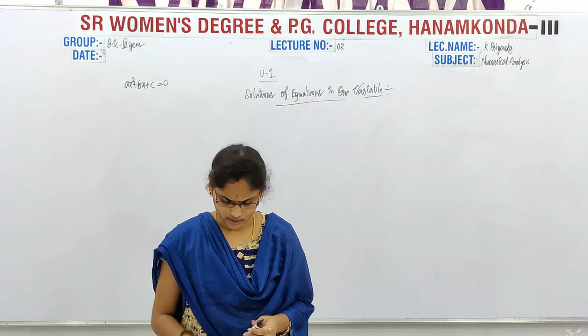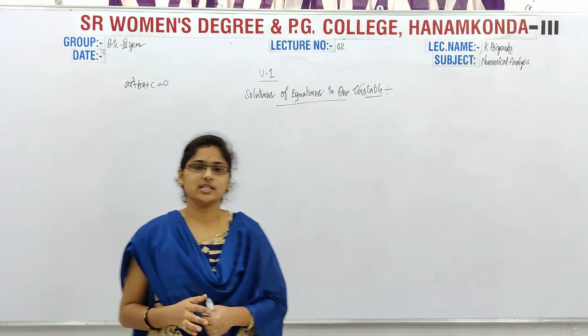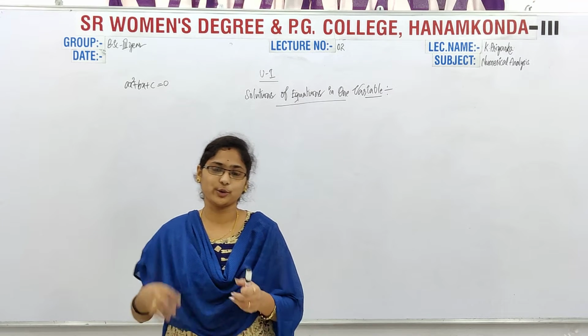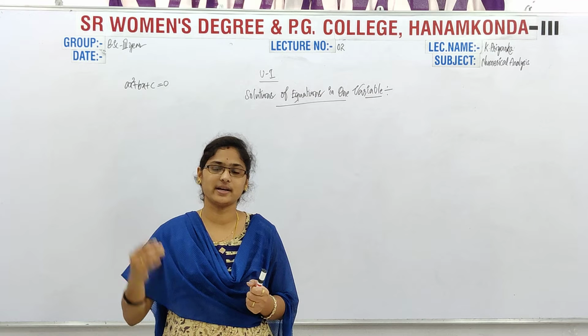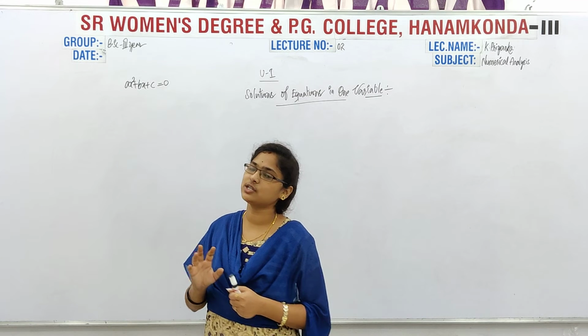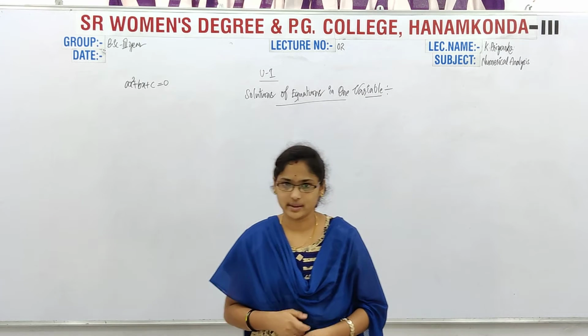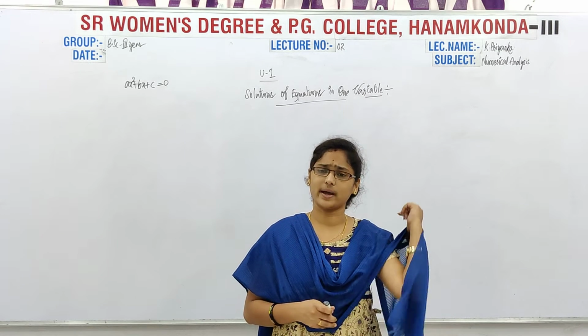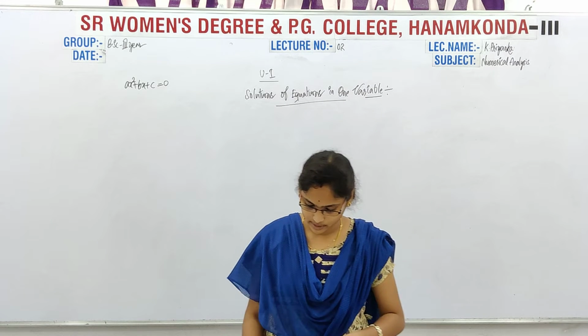Especially, we are not going to solve lengthy equations in terms of x, y, z and so on. Simply we are going to learn about equations having one and only one variable, either x or y or s or t, whatever it is. So you have to remember that.